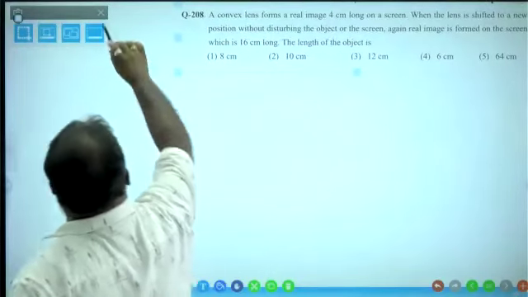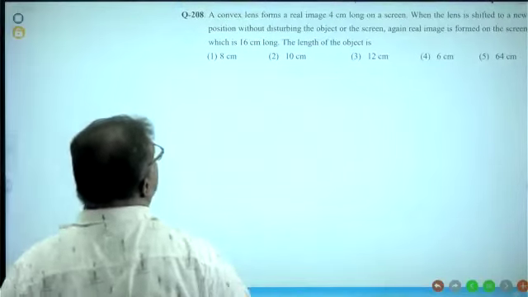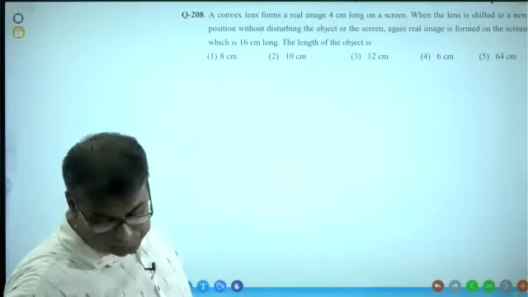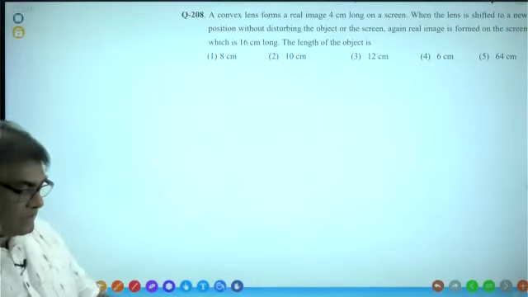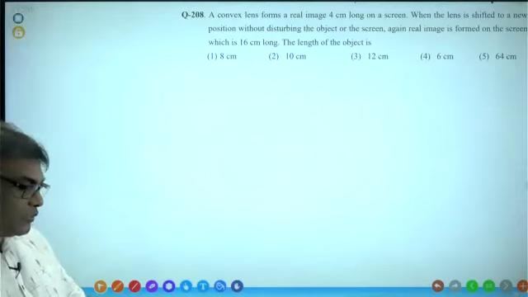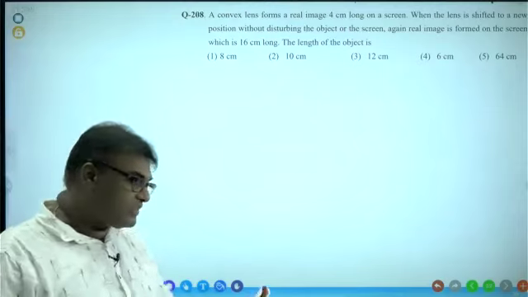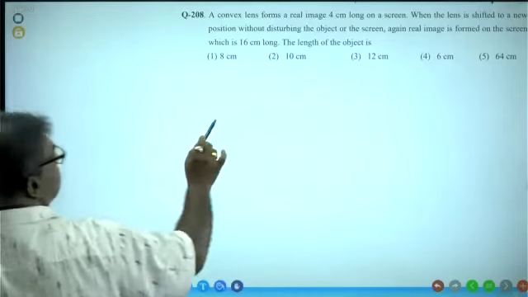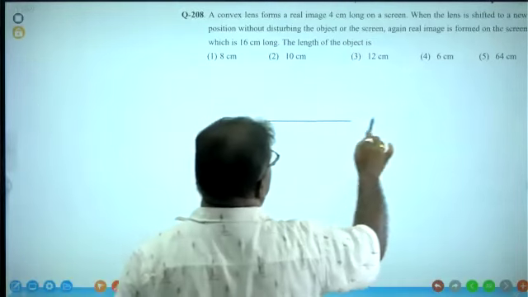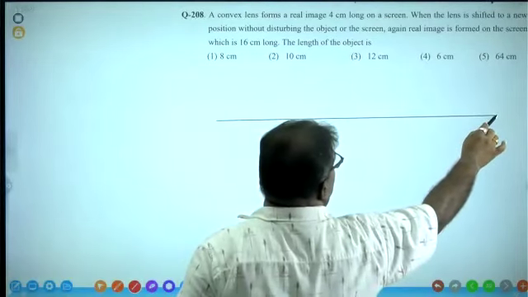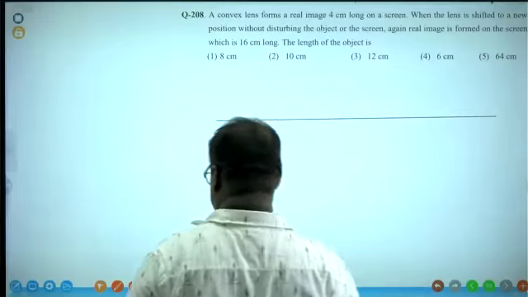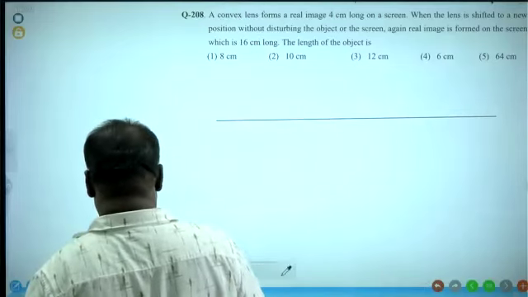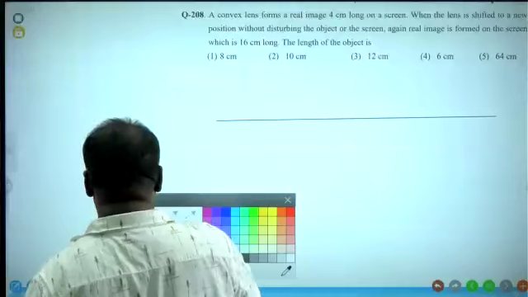Read the question and copy the diagram. A convex lens forms a real image of 4 centimeter length on a screen. Like this, on a screen. Here we have the object, right?